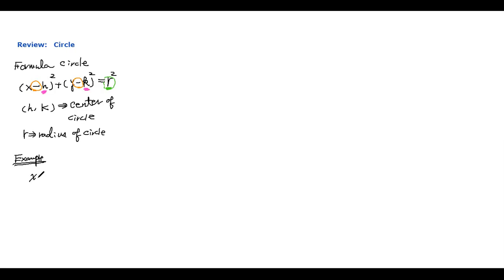If I have (x minus 4) squared plus (y minus 1) squared equals 9, I know this is a circle.